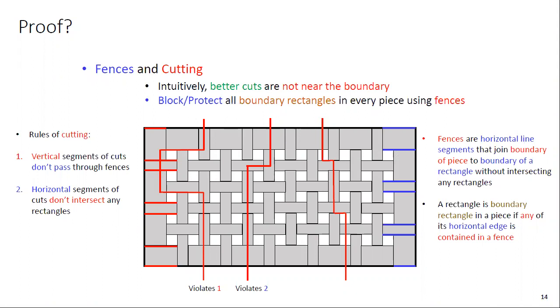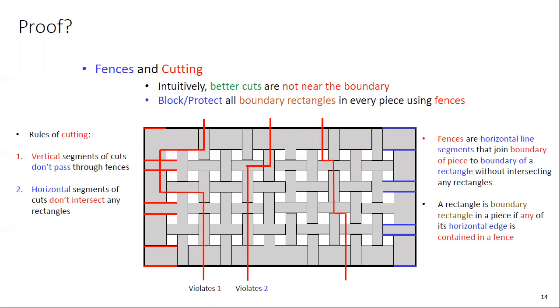Of course, I will not use straight cuts, because we know the conjecture is still open and we don't know what to do. So we will have some bends in our cuts. One restriction that we make is that the horizontal segments of our cuts will not intersect any rectangle.